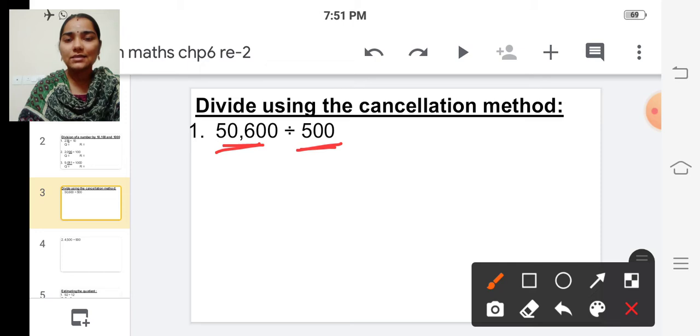Okay, we can cancel the common number of zeros and we can divide the remaining digits. And in the last step, we have to add the cancelled zeros to the remainder.